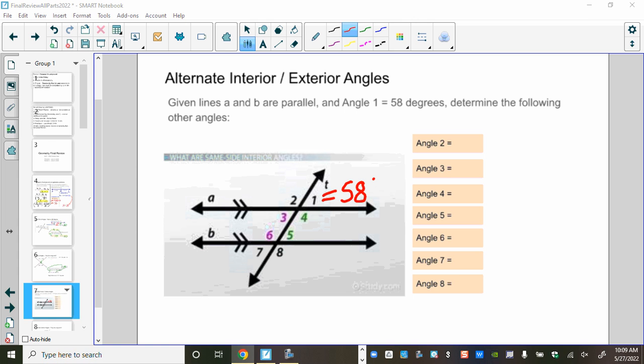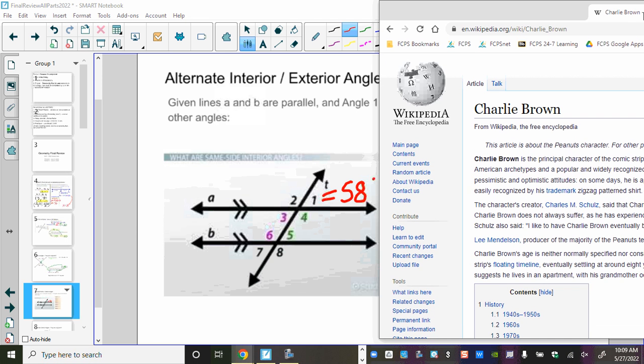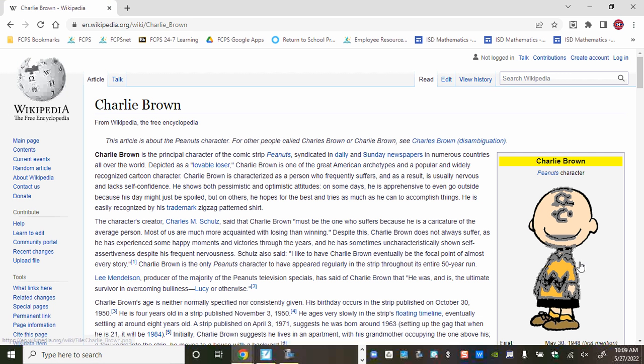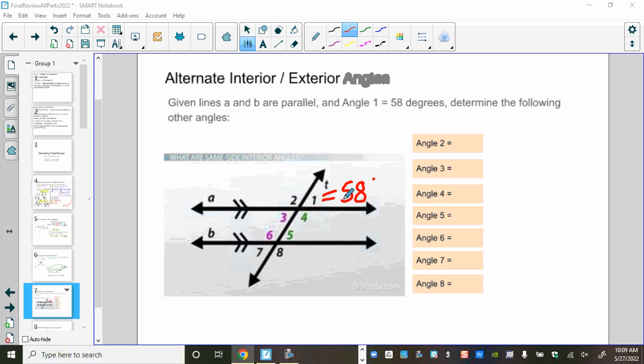Well, remember, angle 1 I gave you. And then the zigzag. So basically 3, 5, 7 are all going to be 58, because of the zigzag. Since the vertical angles 1 and 3 are going to be congruent.